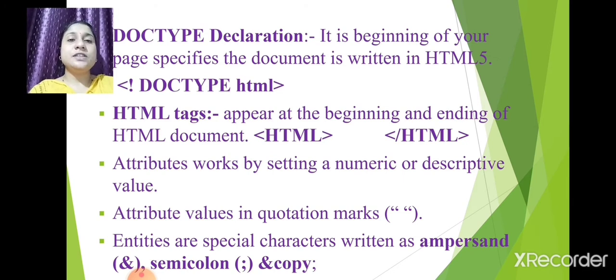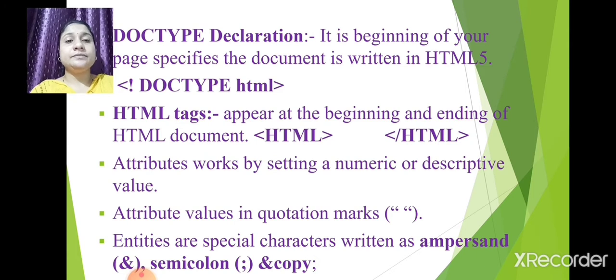Then we also see the attributes work by setting numbers or descriptive values. Different attributes we have seen in these HTML tags. All of you know that attribute values should be written in quotation marks. Whatever attributes you use, like font, color, it will be written in double quotation marks.